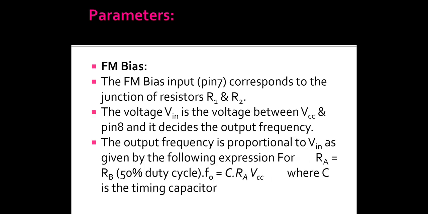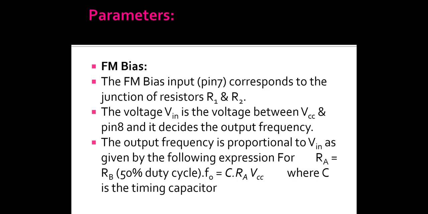FM bias we already told. FM bias is applied at pin number 7. It is connected along with pin number 8, and it tests the functions of ICL 8038.